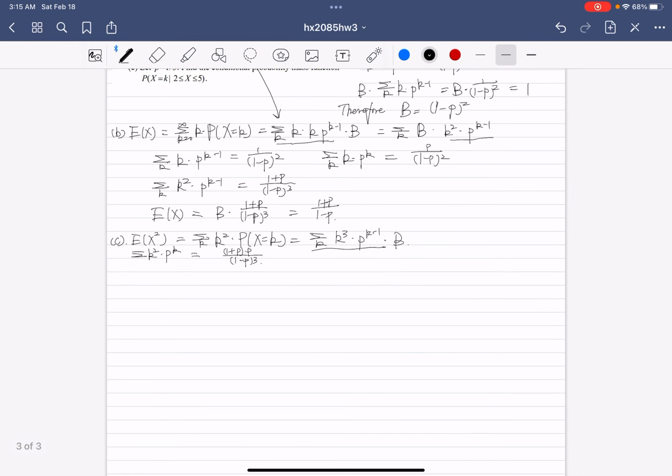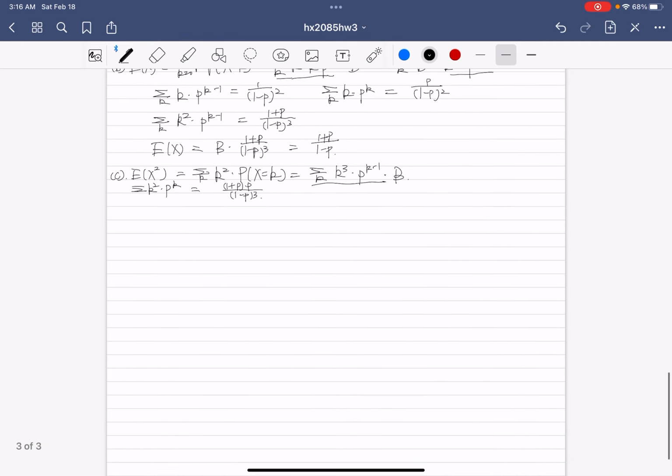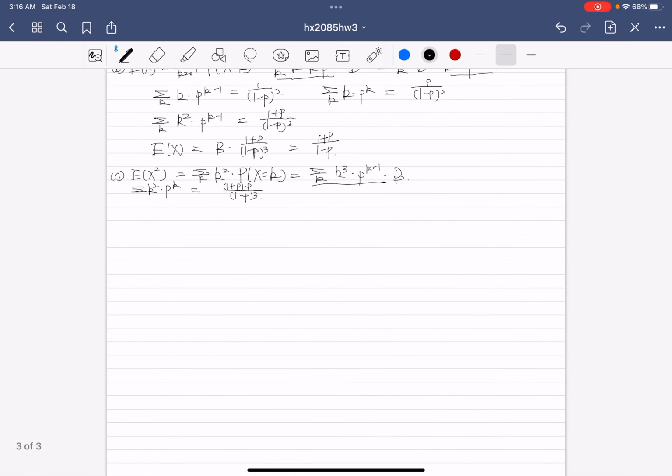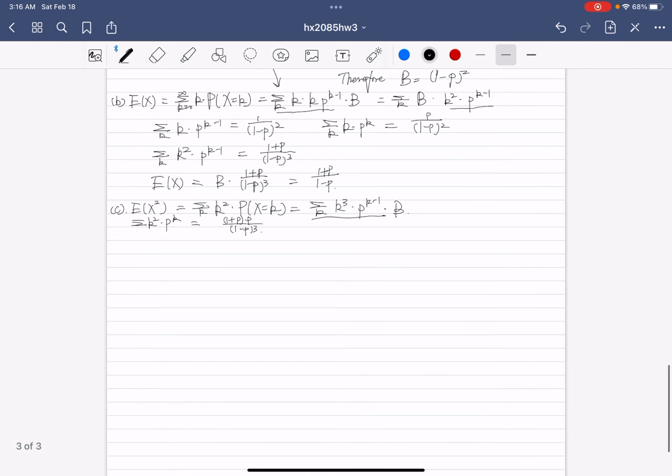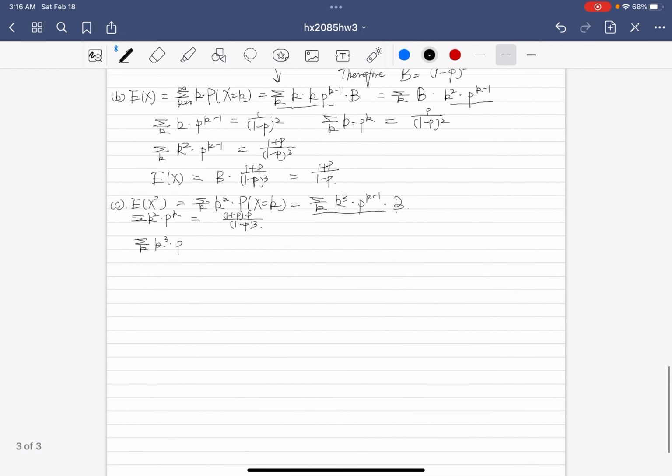And we can differentiate both sides with respect to p again. The left part will become the sum of k cubed times p to the power of k minus 1.